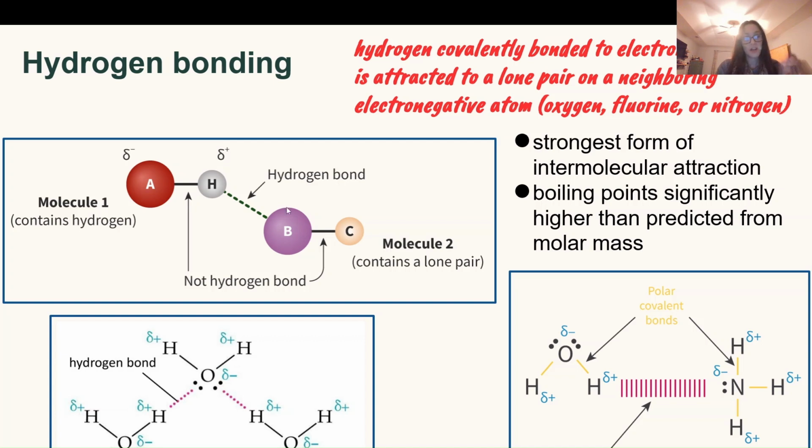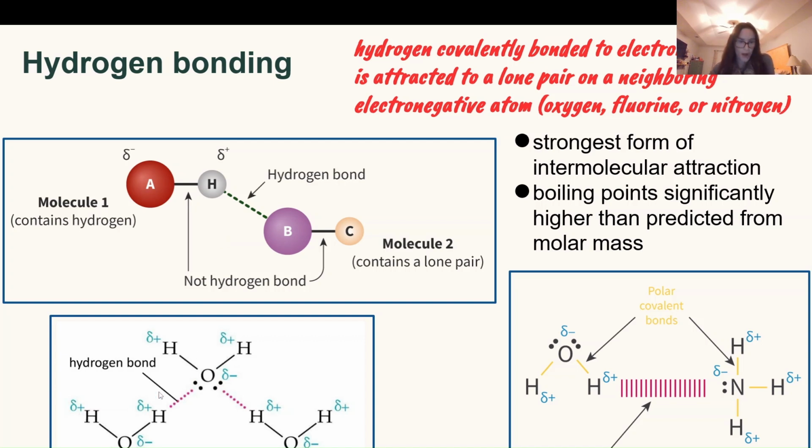If that hydrogen comes near another molecule with a nitrogen, oxygen, or fluorine, those are electronegative enough to have a partial negative charge that is then attracted to this partial positive charge on hydrogen. The reason it could only be N, O, and F is because those atoms have strong enough electronegativities to pull the electrons in that covalent bond away enough to form this difference in charges that create a hydrogen bond.